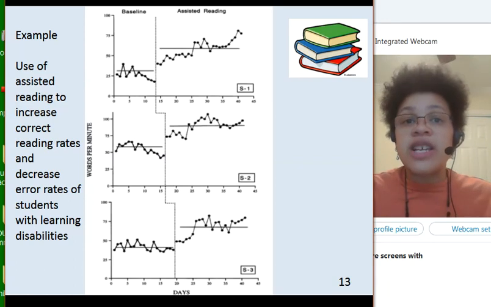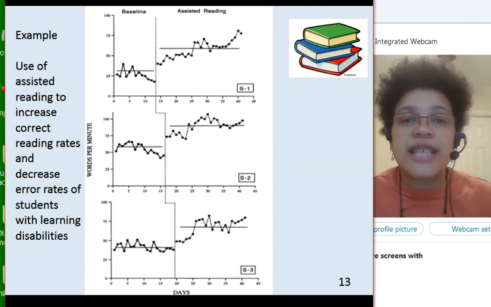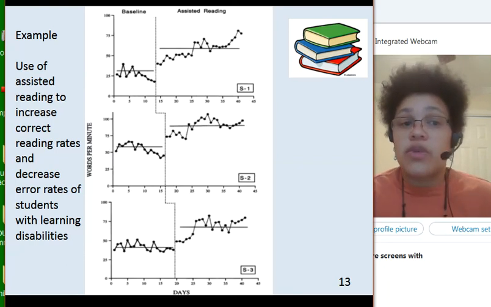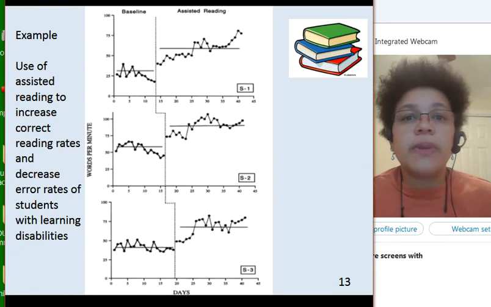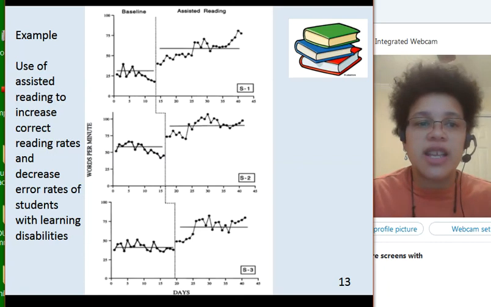Well, with learning disabilities, there may only be a few students that you as a researcher have access to, right? Let's say you're the special education teacher in a school and you want to see if a particular strategy works. There may only be three dyslexic kids at the grade level that you're interested in in order to do the study.